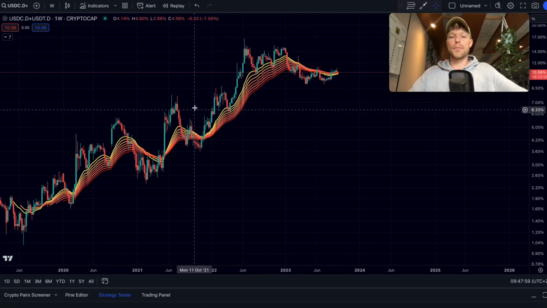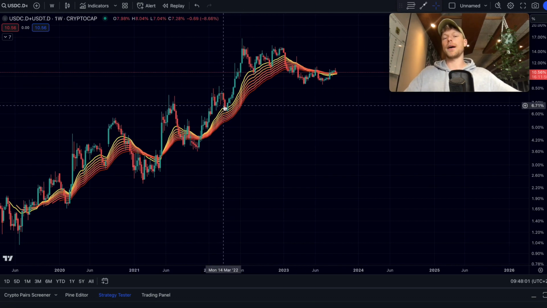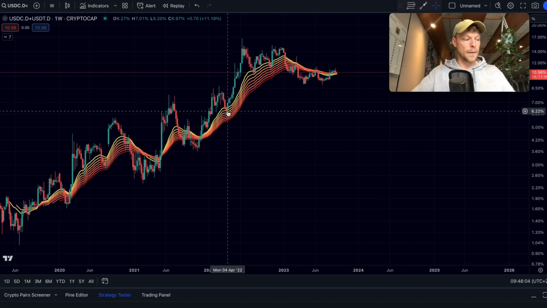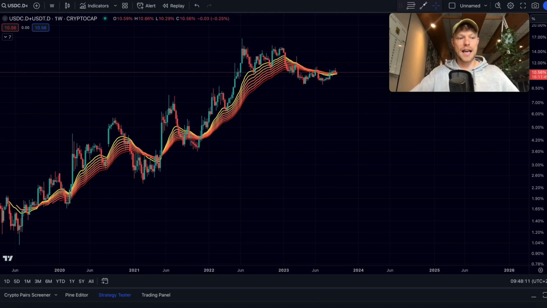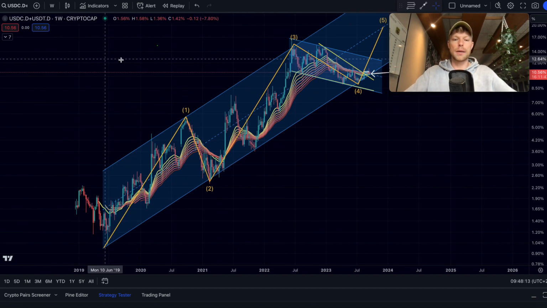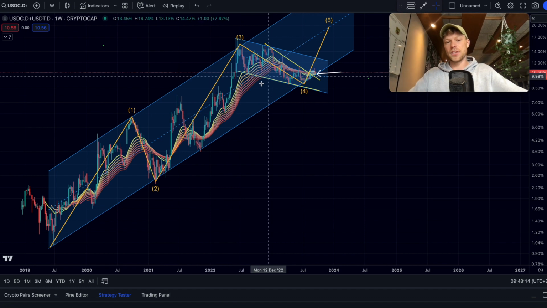So that is just very important to know. This is one of the most important charts to forecast the Bitcoin price, and almost no one in the crypto space uses this chart, and I have not seen anyone talking about this bigger channel structure.